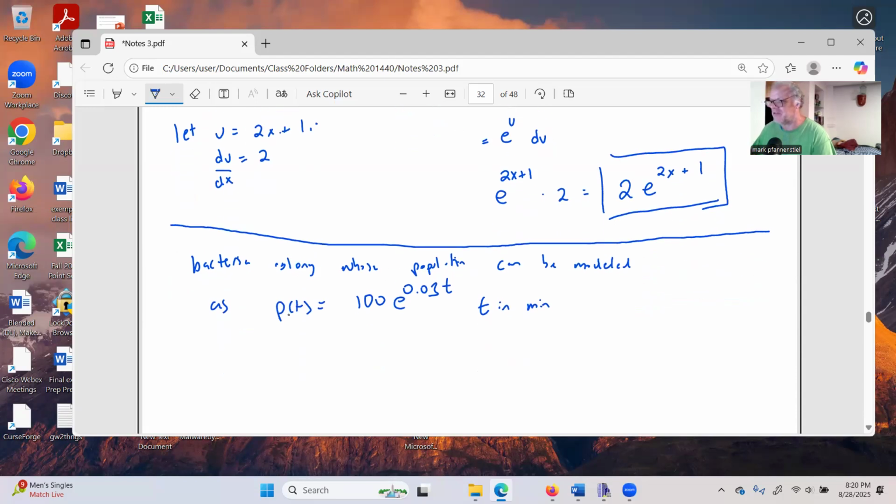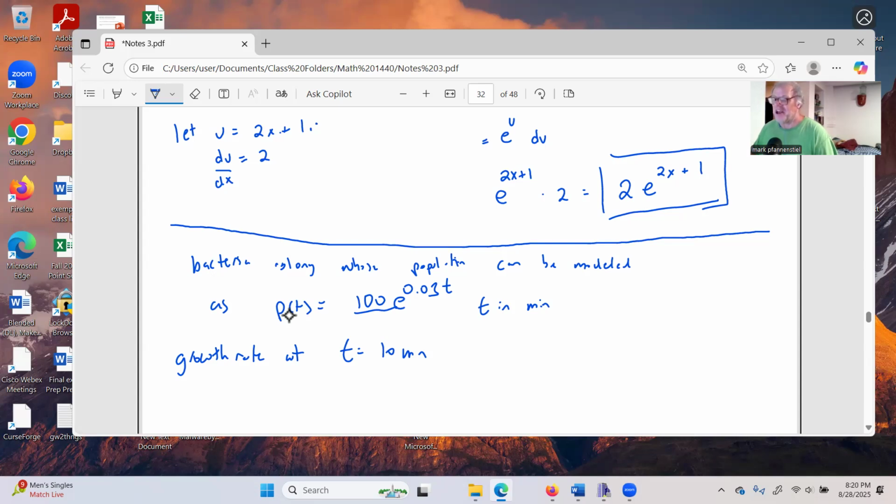Okay, and we want to know what the growth rate is at t equals 10 minutes. I don't know what the appropriate unit for P is going to be. I doubt it's going to be cells, because I don't think you would count 100 cells, but you guys are biology majors and you would know this more than I would.